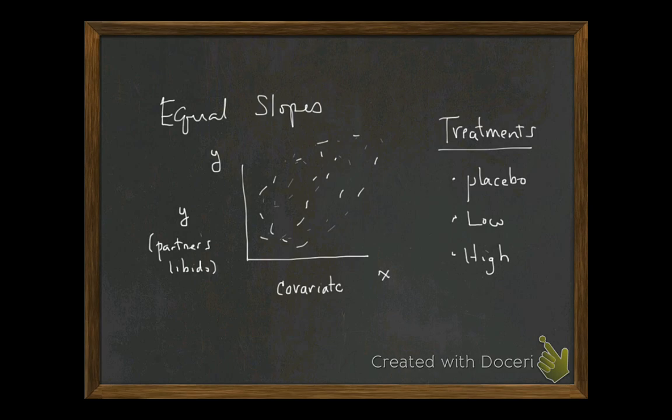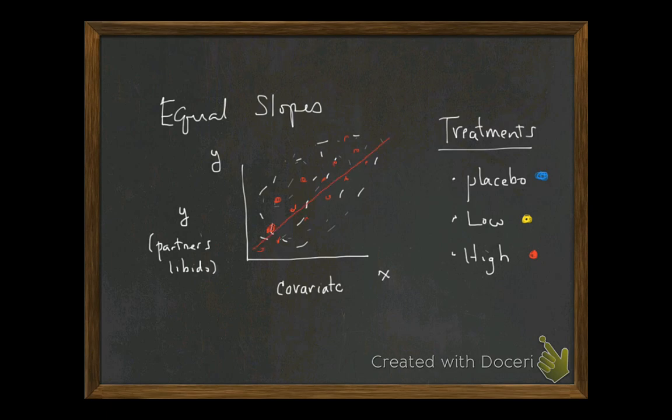And just for the sake of running through this together, let's say placebo is blue, the low is yellow, and the high is red. Now, let's say we come in here and we've got these points, and we fit a line to it.